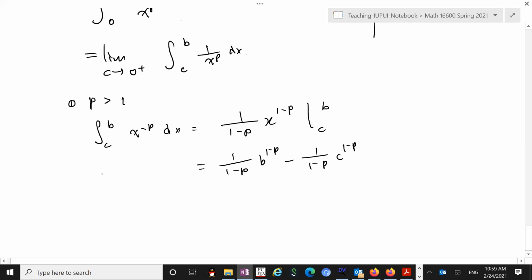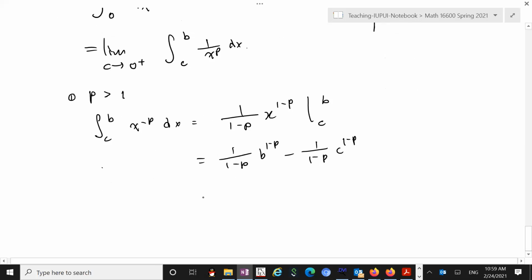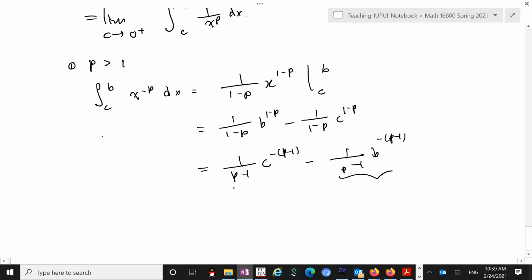Since p is greater than 1, I'm going to switch the order: negative over p minus 1, minus. I don't even worry about the second term. What I worry about is the first term, where the power is negative, so I can put everything in the denominator.